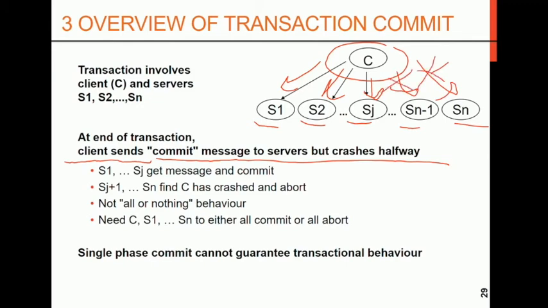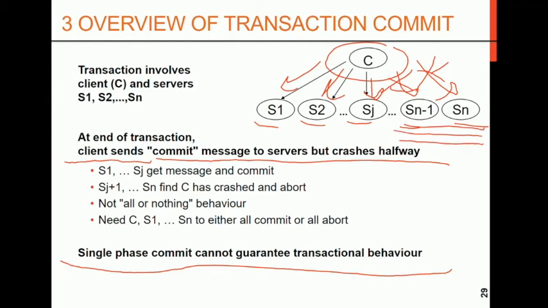The problem is that if we're using a single commit protocol, then you can't guarantee transaction behavior, because the client has crashed and hasn't stored its state into stable storage, and also these servers might have committed and might not have stored their initial state to stable storage. That's why we need two phases for the commit protocol.